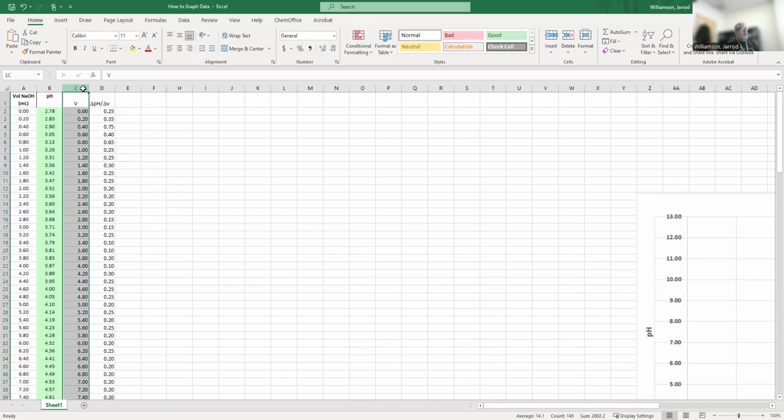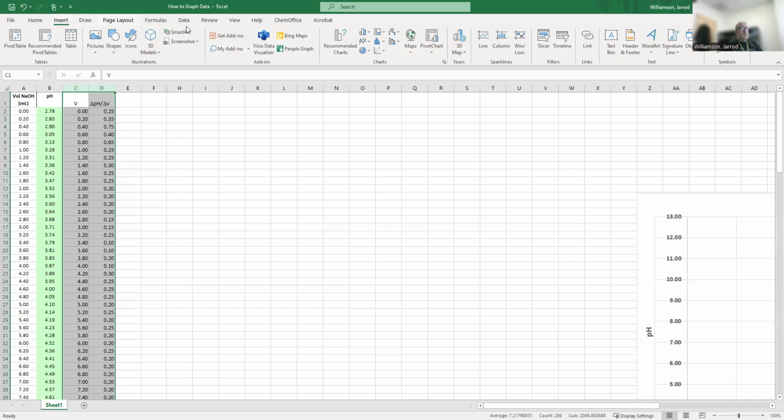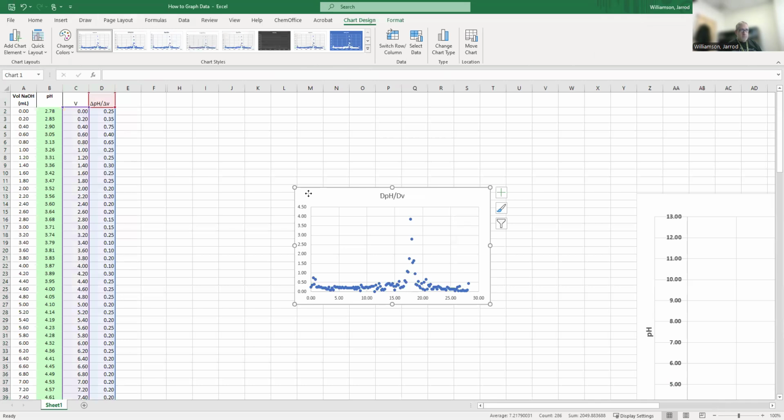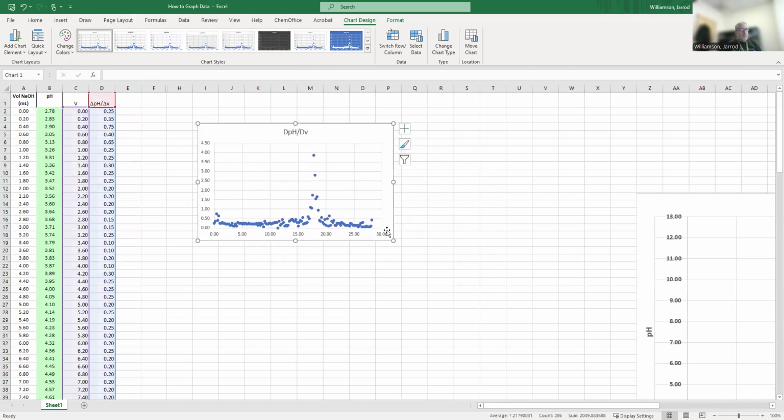Now I'm going to plot this. This is a first derivative plot. So I'm going to go to Insert, Charts, Scatter Chart. And here is my first derivative plot.